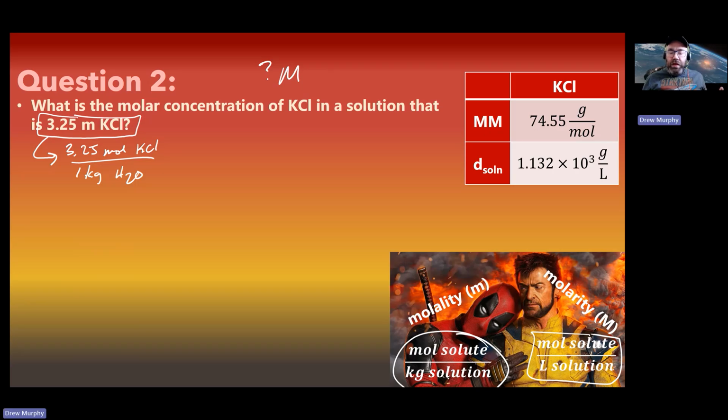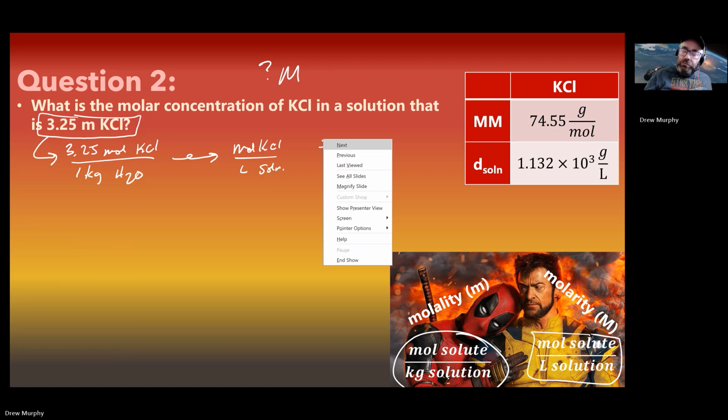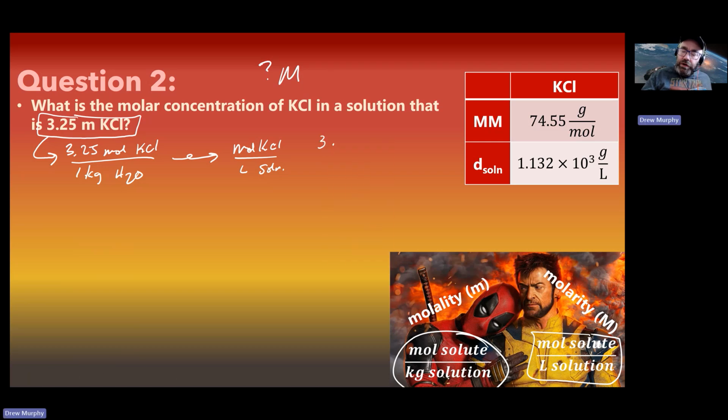What we want to do is figure out what this is in moles of KCl per liter of solution. We already know half of this: we have 3.25 moles of KCl divided by some liters of solution.